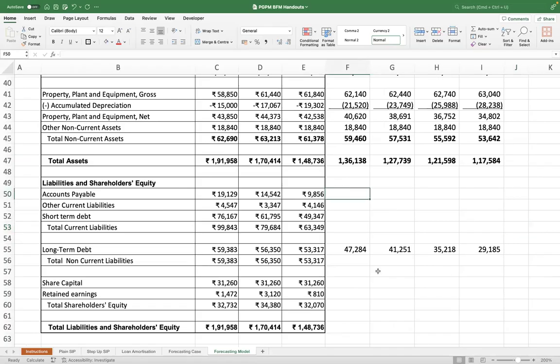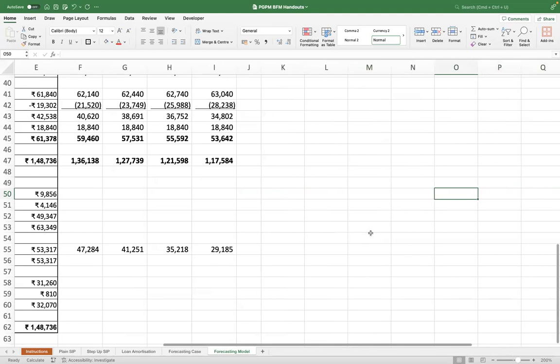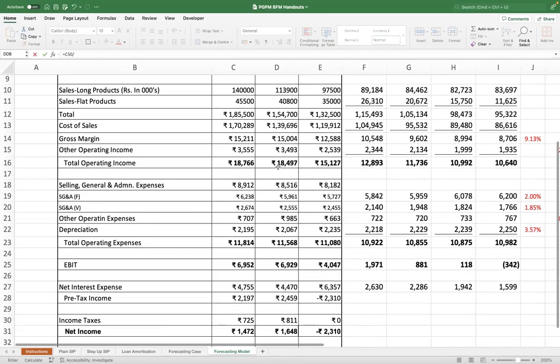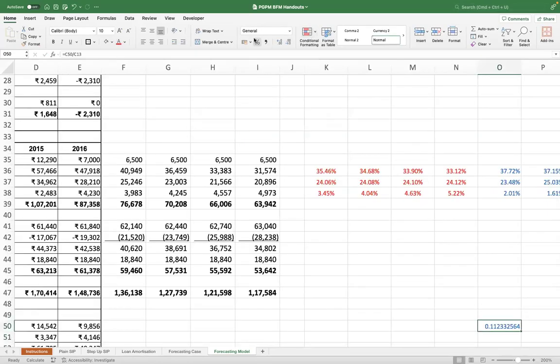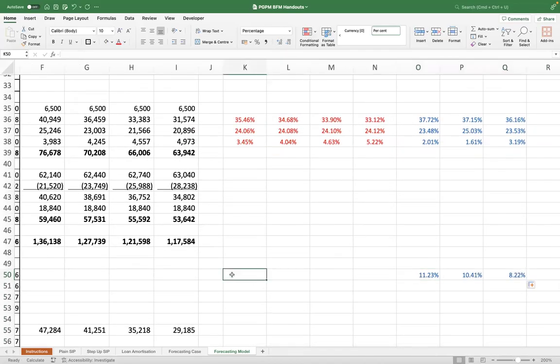What will you do for accounts payable? Accounts payable, again, percentage of cost of sales. Which means यहाँ पे you will have to calculate the percentage. So, accounts payable as a percentage of cost of sales. And apply the trend function now.